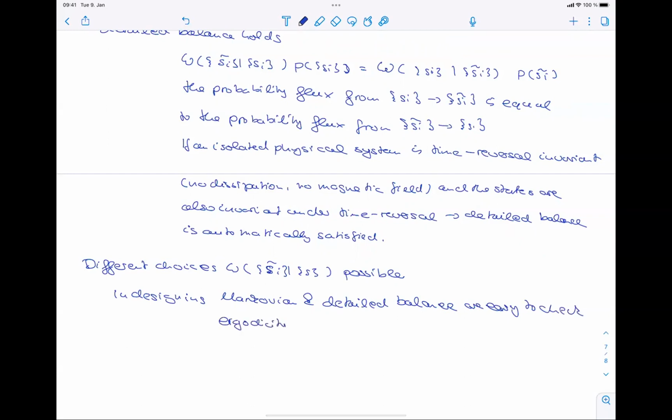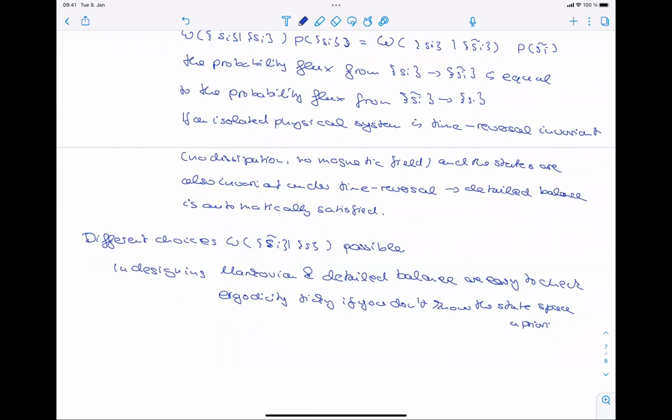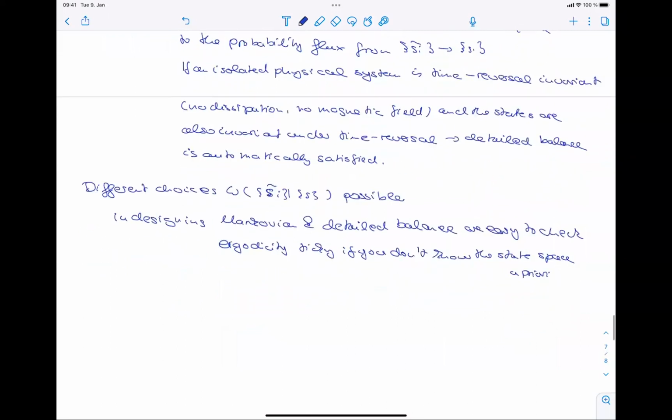Ergodicity is tricky if you don't know the state space a priori.